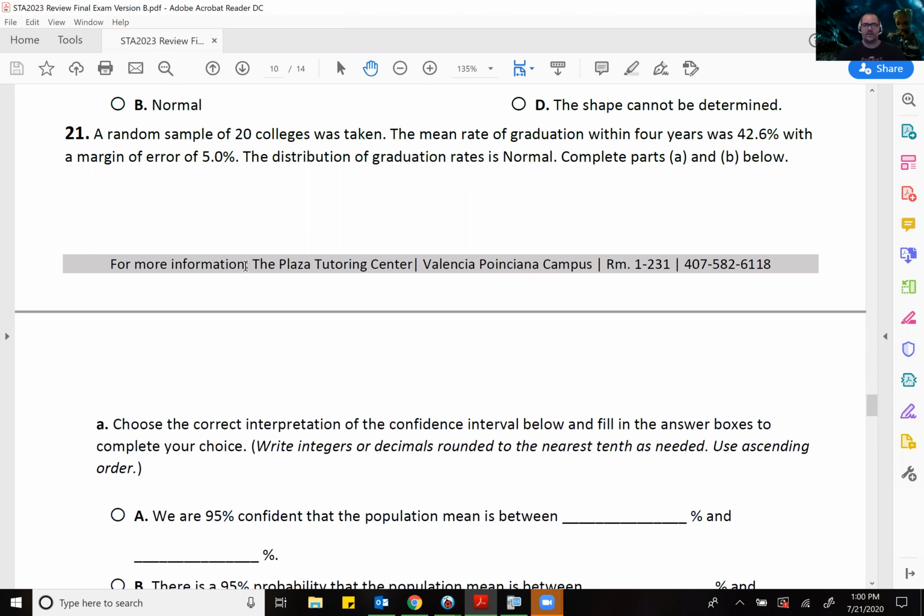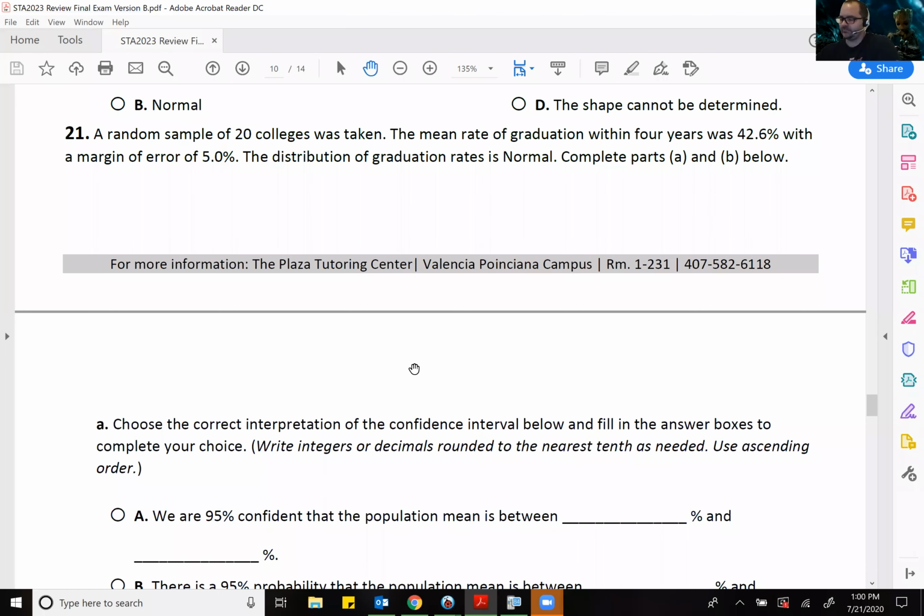So if we go to our handy dandy calculator, and I'm not going to bring up my calculator for this. You know how to bring up your calculator and things like that. So all we got to do is take 42.6 plus 5.0. And you get 47.6%.